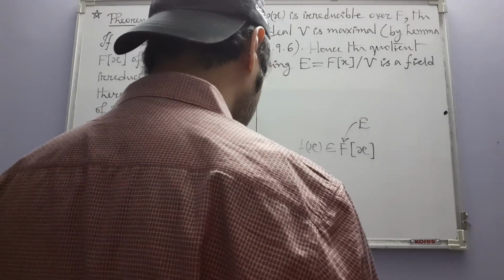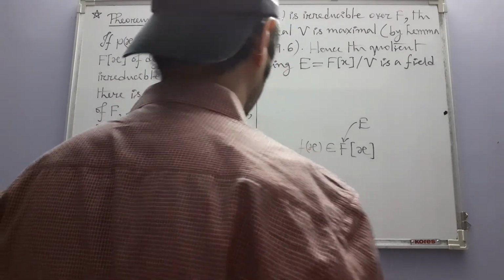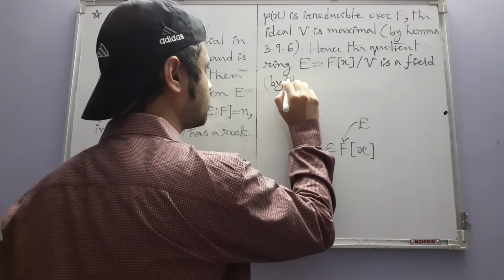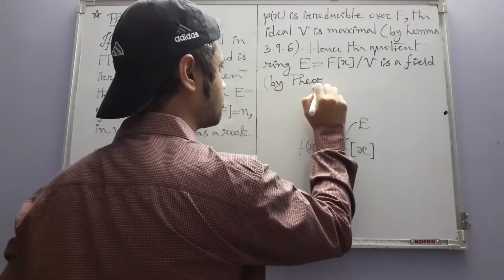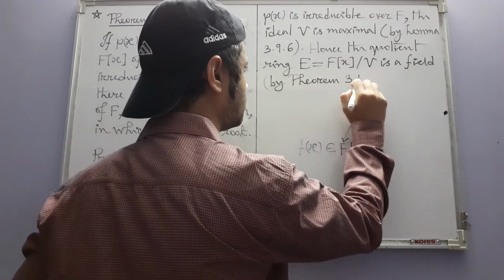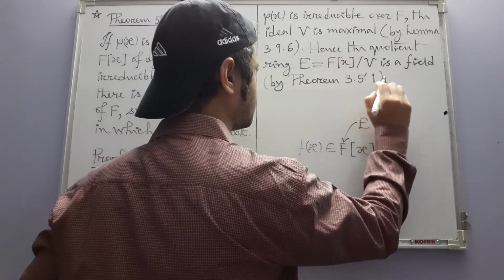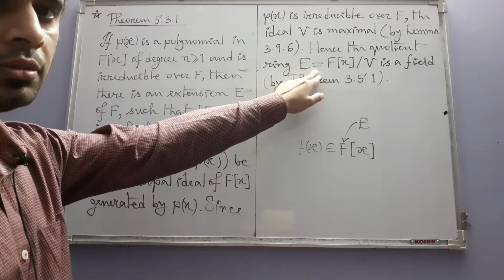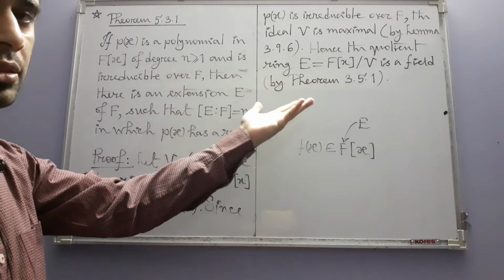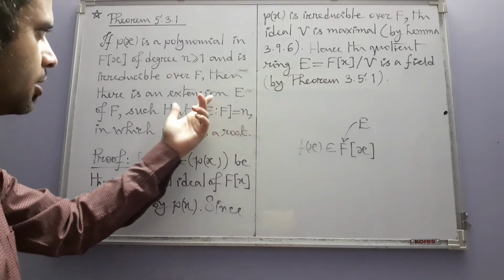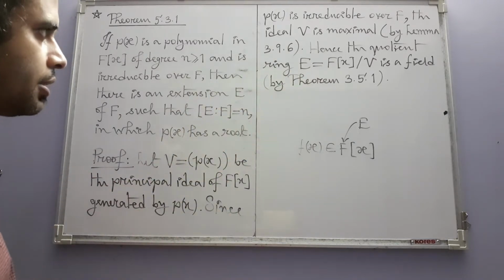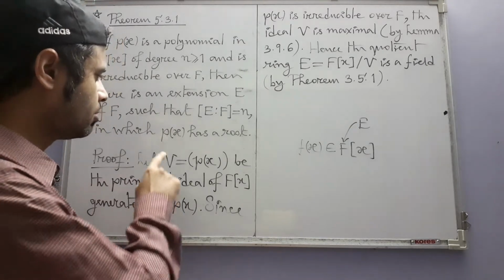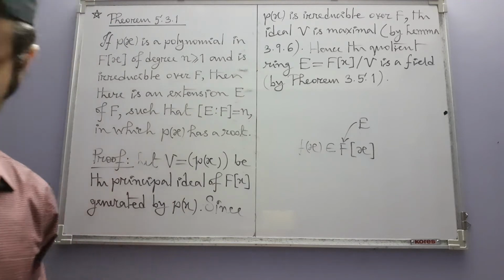And the specific result is theorem 3.5.1. You can of course guess why we are calling it E. We want to show that this will turn out to be the E that we want, an extension of F of degree n which has a root of our polynomial p(x).